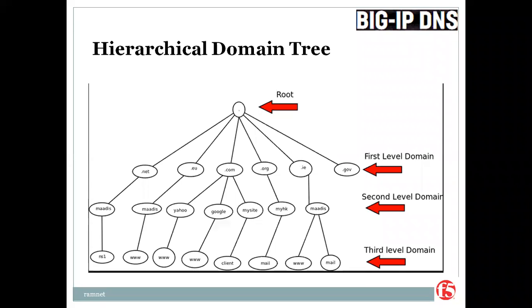How the domain tree is maintained. This is the root. The root will be a dot. Then from there we have .net, .ru, .com, .org, .tk, .gov. These are all called first level domains, or top level domains, TLD.